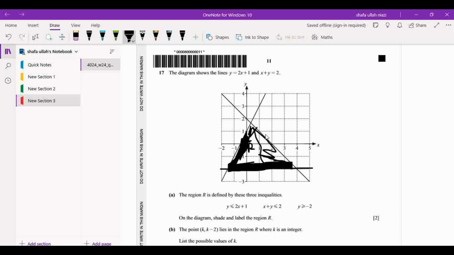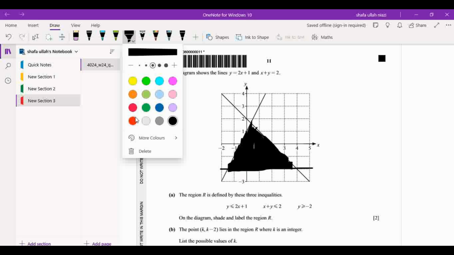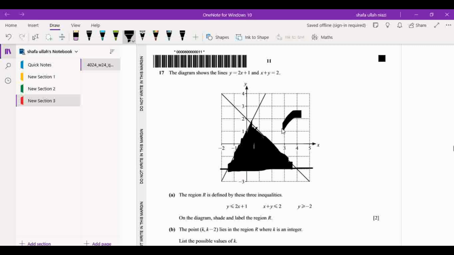Inside this region, so this region is R. This region should be equal to R.